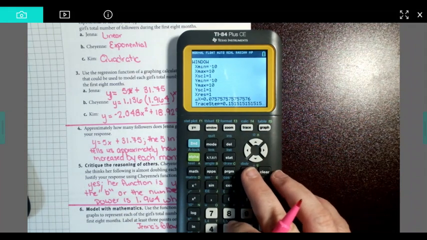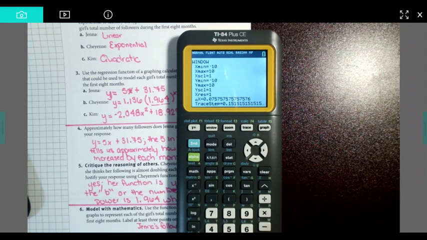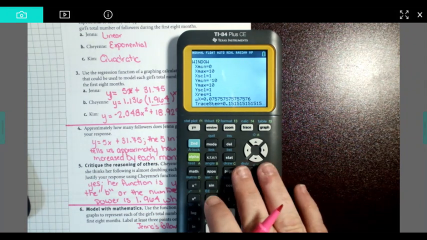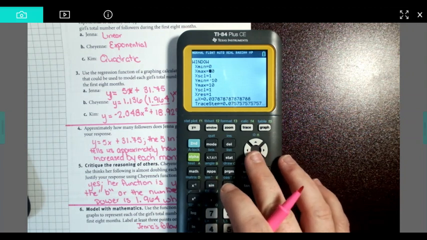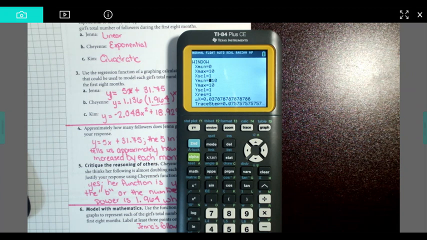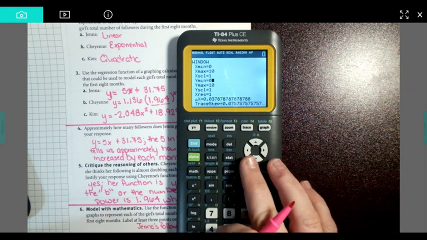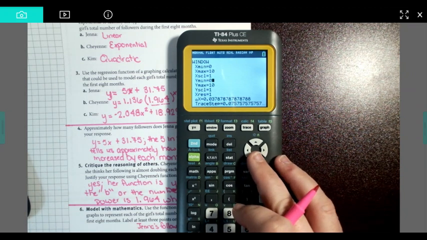I don't care to see anything on the left side of the y-axis. So I'm going to go from 0 to 10 on my x's, counting by ones. I don't care to see anything below 0 on my x-axis.